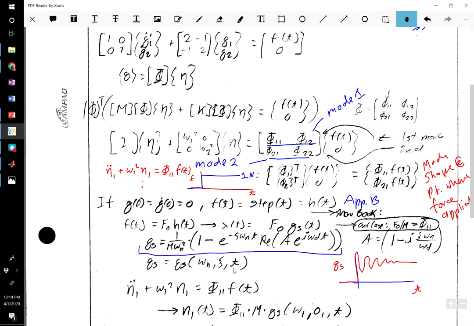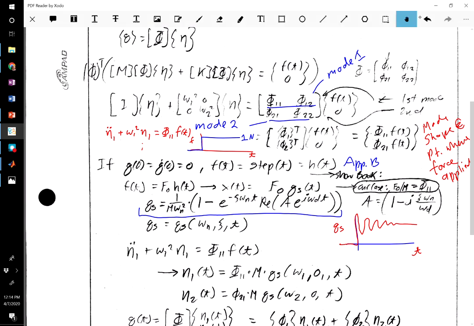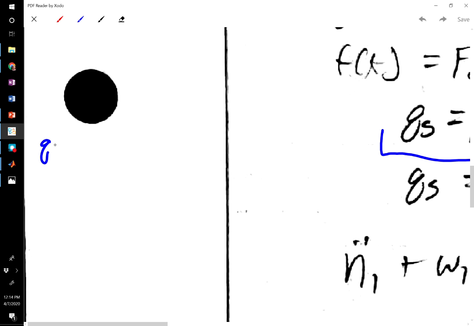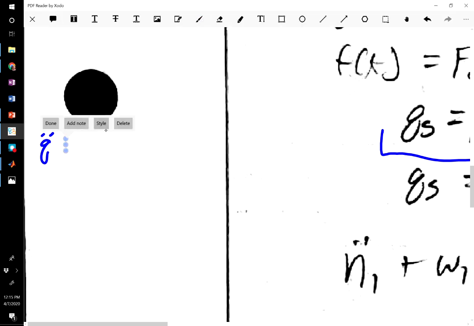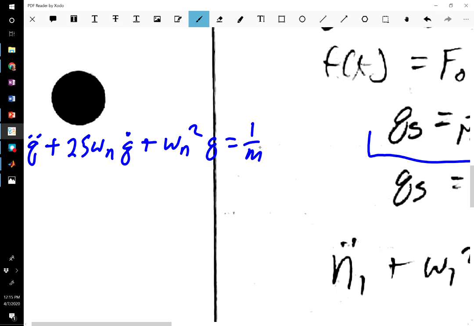Now to use this correctly, we have to recall that this equation in the book was derived for the case where we had a differential equation that was Q double dot plus 2 zeta omega n Q dot plus omega n squared Q equals 1 over m, actually they have a capital M there, times f of t.